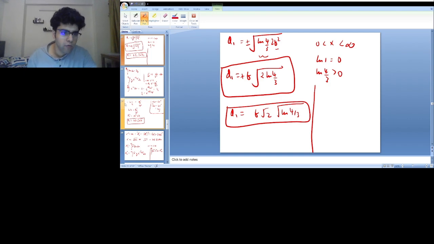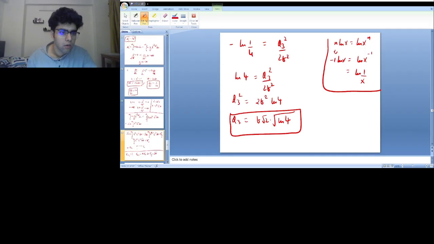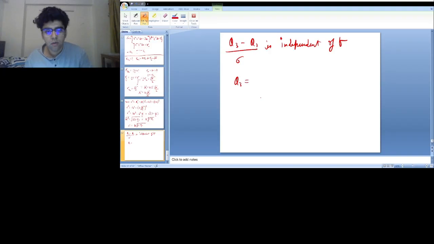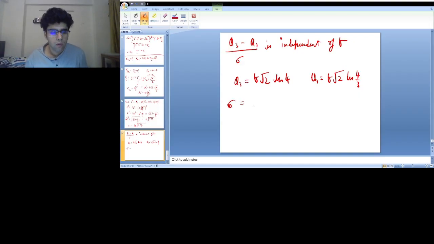So (Q3 minus Q1) by sigma is equal to, taking b root 2 common, ln 4 minus ln 4 by 3.